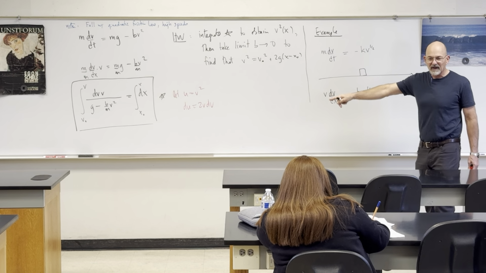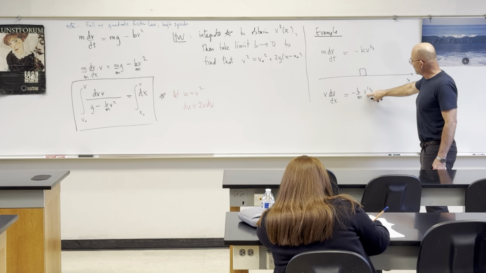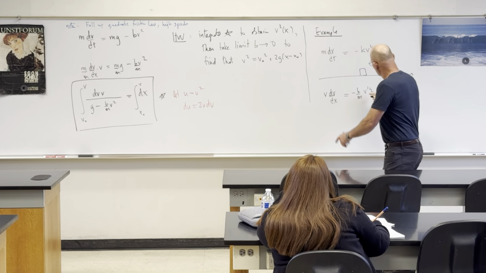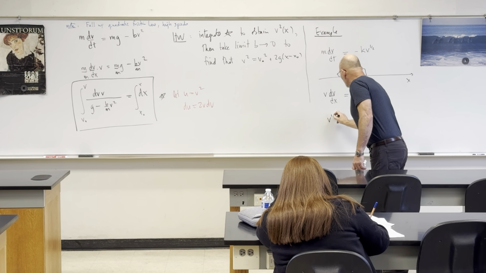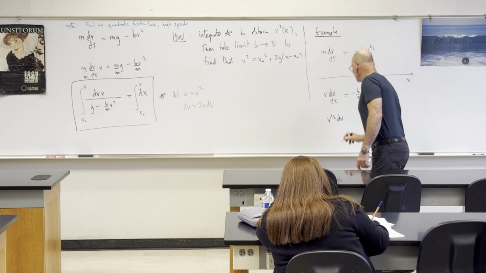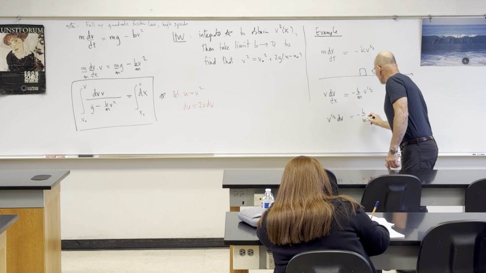I'm getting the v's on one side, the x's on the other. When I divide by v to the 1/2, I'm going to be left with v to the 1/2 dv, and I'm going to have minus k over m dx.